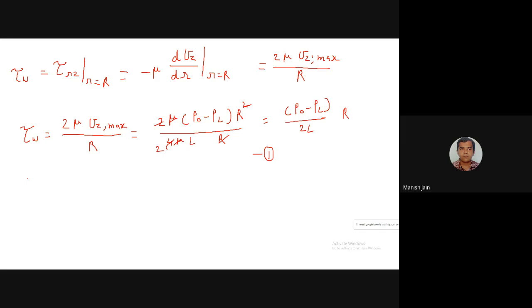We just use the Hagen-Poiseuille equation, because we have already derived it. So that is Q equal to pi (P naught minus PL) divided by 8 mu L, multiplied by R to the power 4.